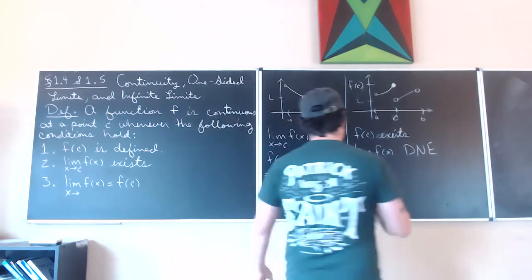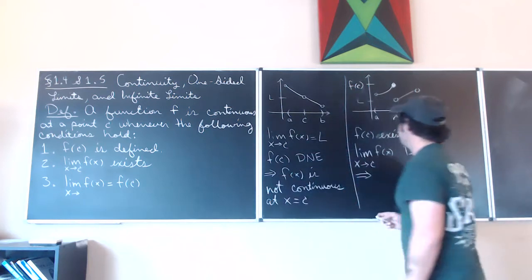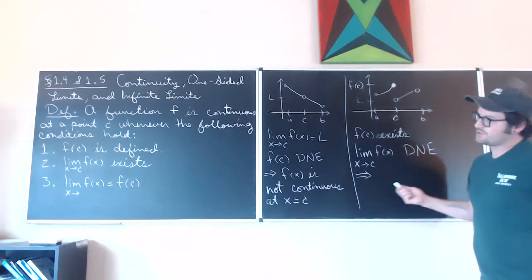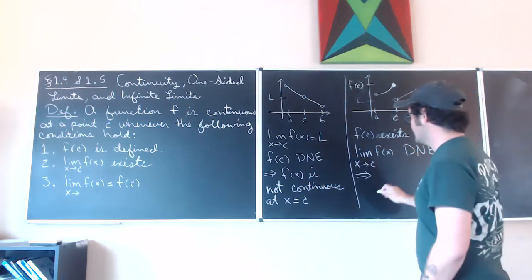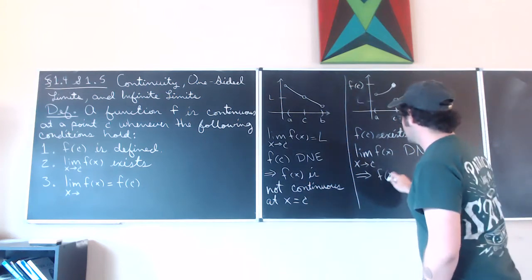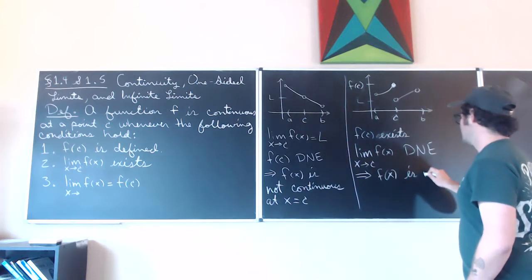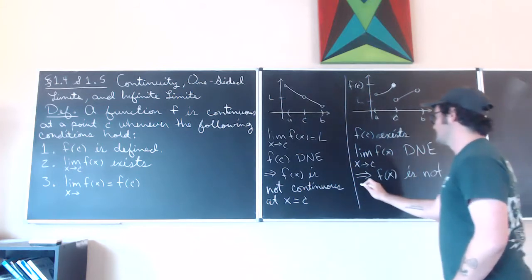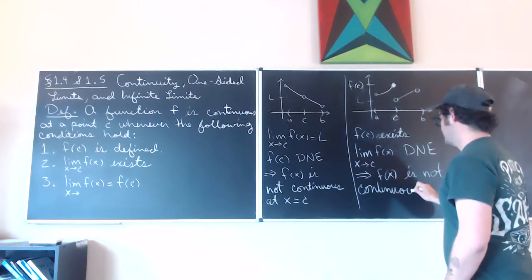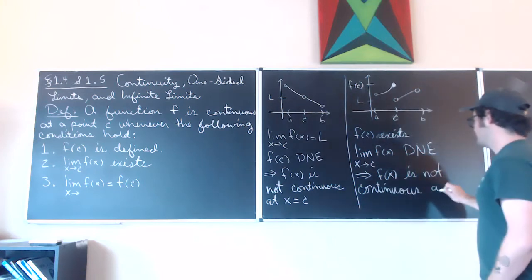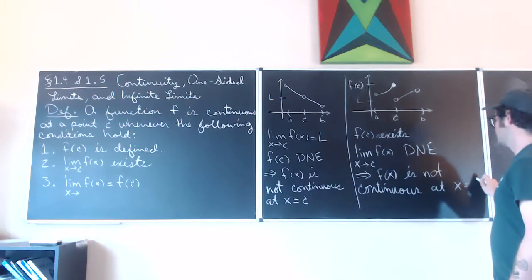So again, we need that limit to exist in order for this function to be continuous at that point C. So again, f of x is not continuous at x equals C.